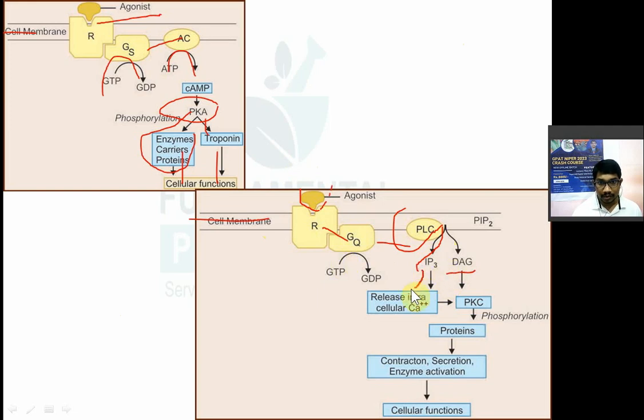It will release intracellular calcium stored in the sarcoplasmic reticulum. This intracellular calcium will stimulate the protein kinase C, and diacylglycerol will also stimulate the protein kinase C. Protein kinase C will bring about the phosphorylation of certain proteins in the cell, and that leads to either contraction, secretion, or enzyme activation. That is the cellular result.